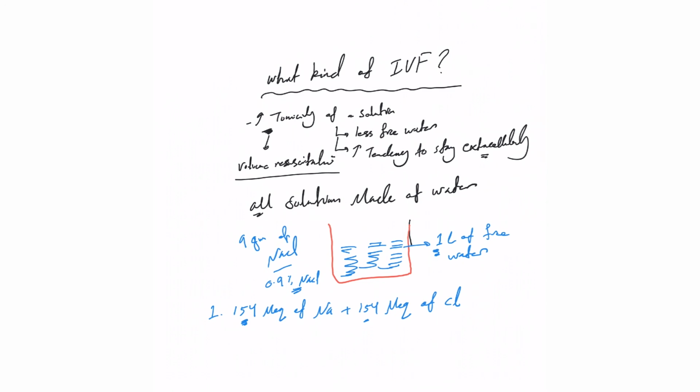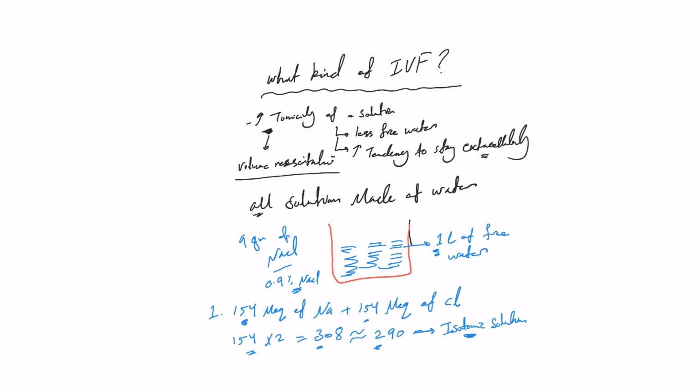Okay, so the osmolarity of this solution basically is 154 multiplied by 2, and this equals 308. Remember, this is close to the 290 of body osmolarity. That means the tonicity is pretty close to the body, and that means this is isotonic. So it's on the higher tonicity side, right?